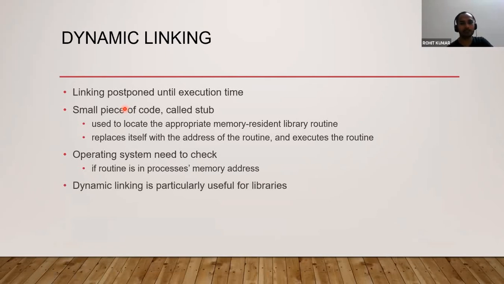Now, dynamic linking is particularly useful for libraries. Why? Because we have lots of libraries. It is not possible to add all the libraries in advance at static time, means at compile time. If you add all the header files and all the libraries while writing the program, your program will become so heavy that it will take a multitude of its original compile time.